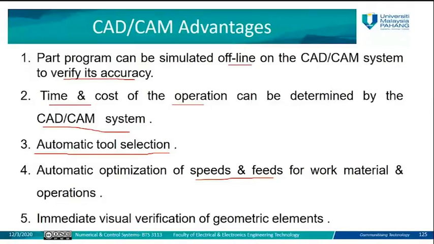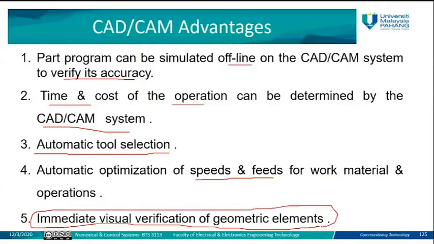Also, immediate visual verification of the geometric elements. After you finish creating the design in 2D and 3D, and you simulate the manufacturing of this design, you are going to see the output as a real product. I mean, it's a virtual product, but it's identical to the real product.